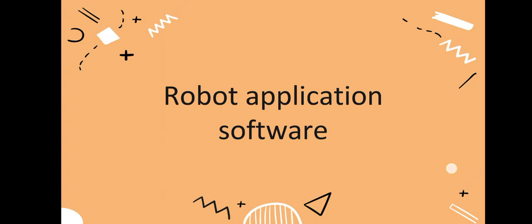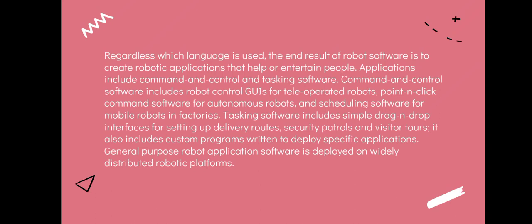Robot application software. Regardless of which language is used, the end result of robot software is to create robotic applications that help or entertain people. Applications include command and control and tasking software. Command and control software includes robot control GUIs for teleoperated robots, point and click command software for autonomous robots, and scheduling software for mobile robots and in factories.